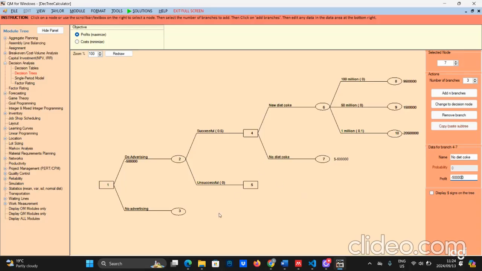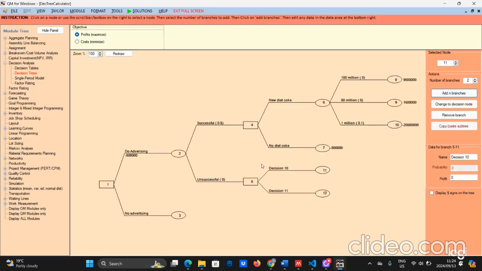And then if the marketing is unsuccessful as well, they can also decide on whether to introduce the new diet coke or not, which means here they'll also have two decisions, whether to introduce or not introduce the diet coke.